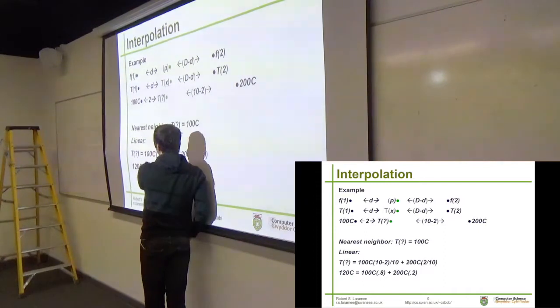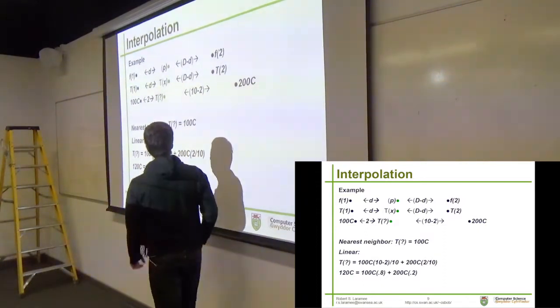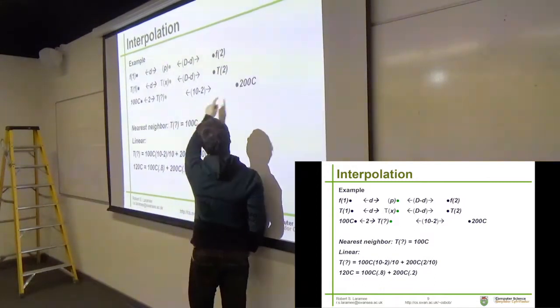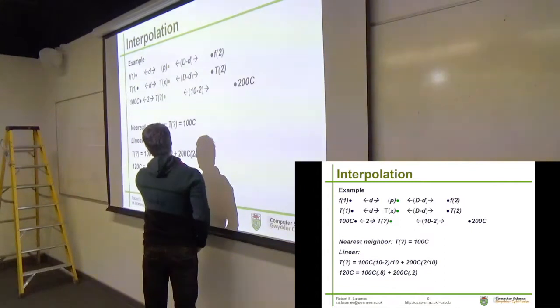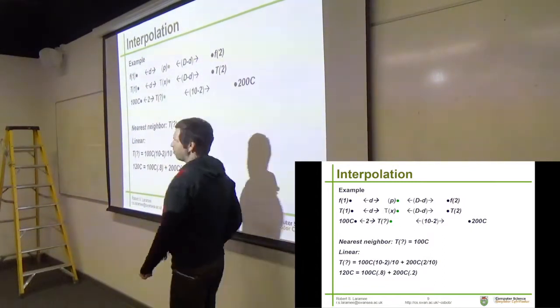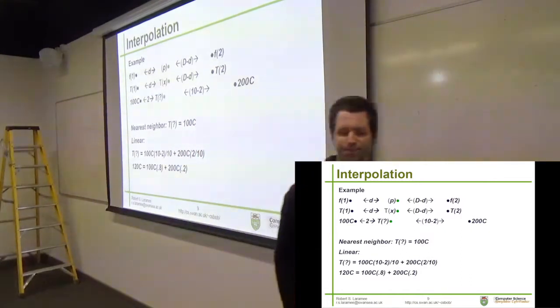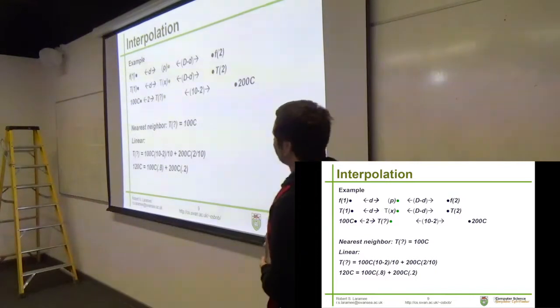That's 80% of the influence. So 80% of the temperature at the left plus 20% of the temperature at the right ends up being, 80%, 20%, add them together, you get 120 degrees Celsius. So that's an example of linear interpolation.